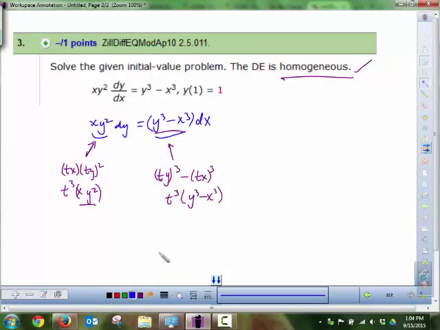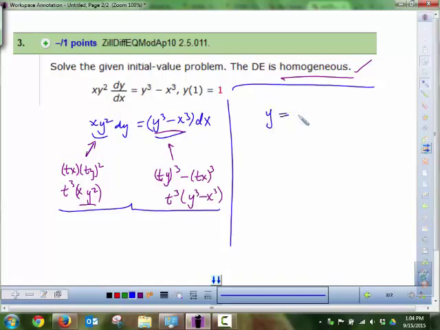All right, now that we know it's homogeneous, we go ahead and do the substitution that they suggest for homogeneous differential equations. The substitution is either x or y; I think y is equal to u times x.